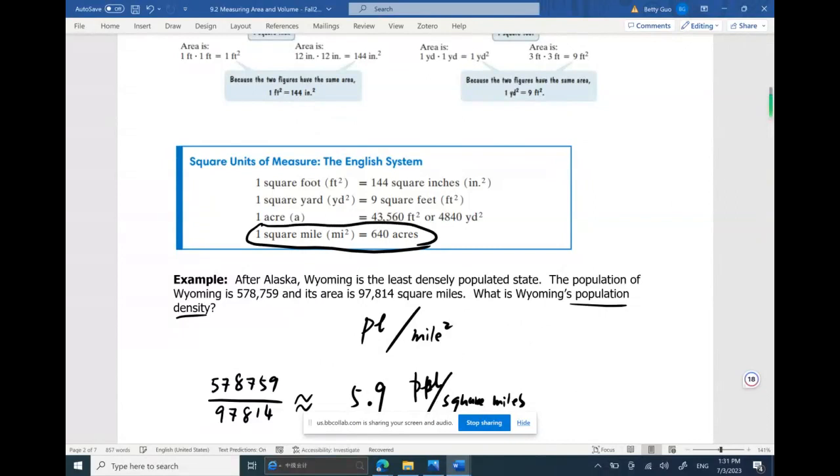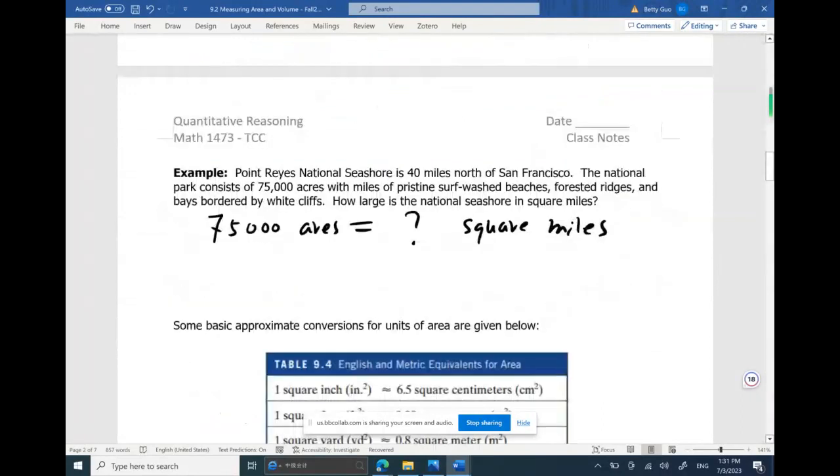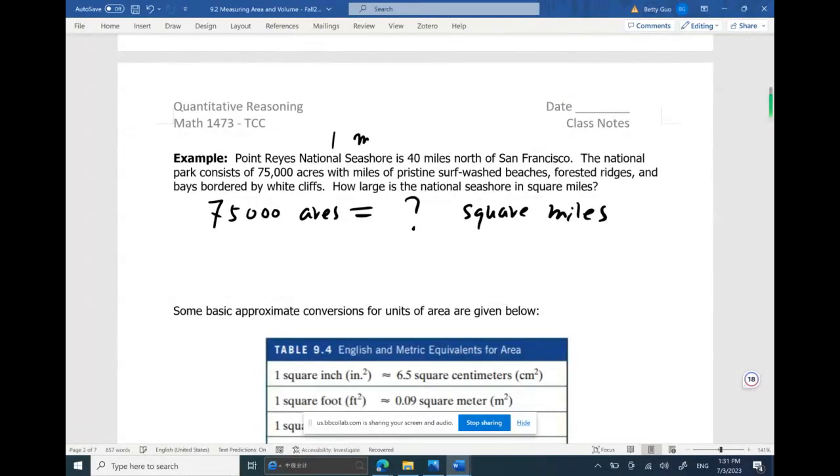If you can remember it, of course, it's good. But if you don't remember, I can assure you that the problem normally gives you that information. So 1 square mile is equal to 640 acres. Let me write it down. 1 square mile equals 640 acres.